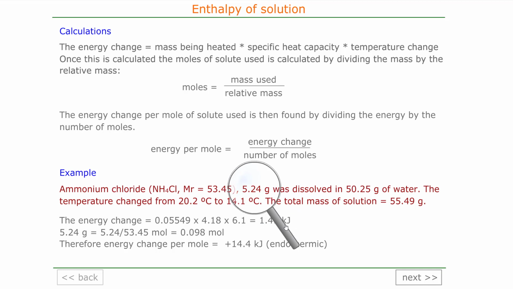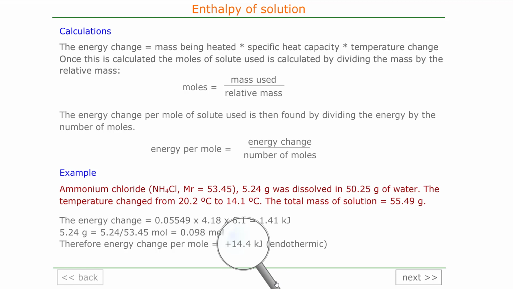To get this, we must divide 5.24 by 53.45 to give the number of moles, which comes to 0.098 moles. So the energy change per mole will be the energy change we had before, 1.41, divided by 0.098 moles.